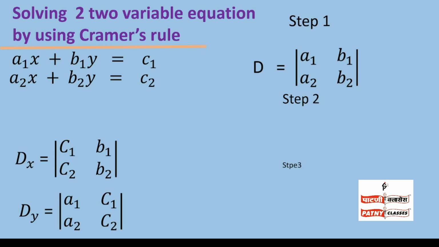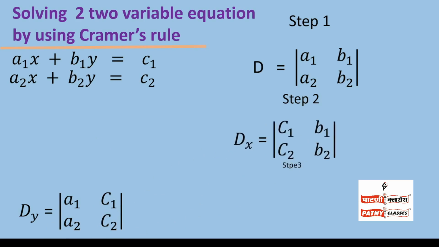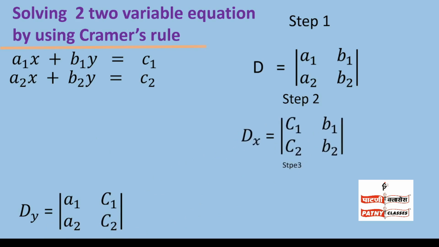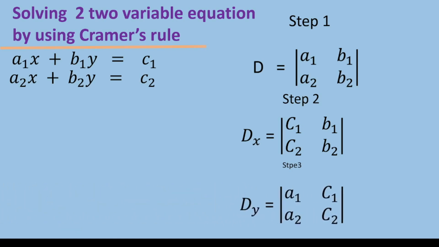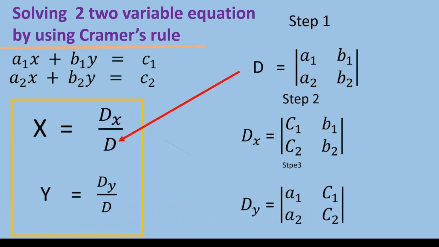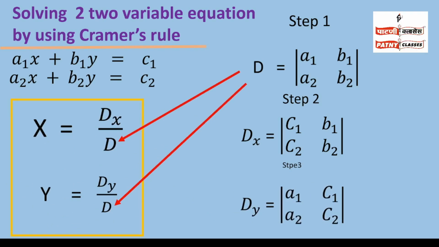In the next step, we have to find the Dx value. To find Dx, we replace a1 and a2 by c1 and c2. That is, in place of a1 and a2 we write c1 and c2 and find the determinant. After that, Dy is obtained by replacing b1 and b2 by c1 and c2.